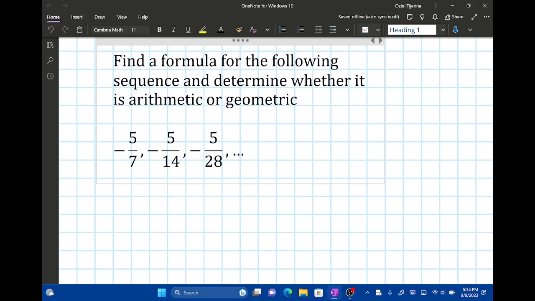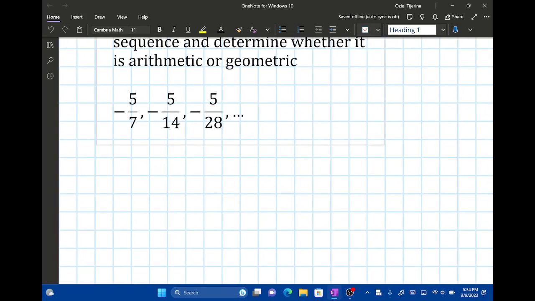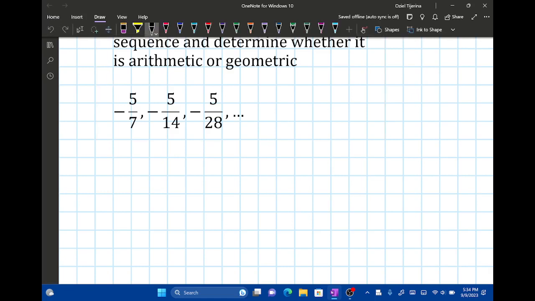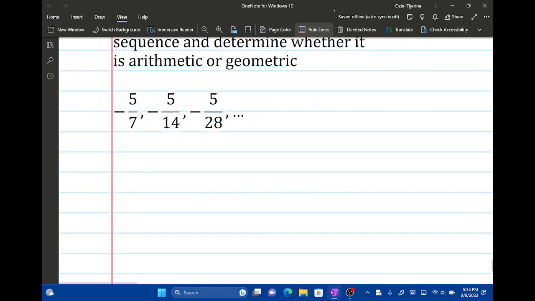So let's see here. We have these following few terms, and let me just rewrite it here.